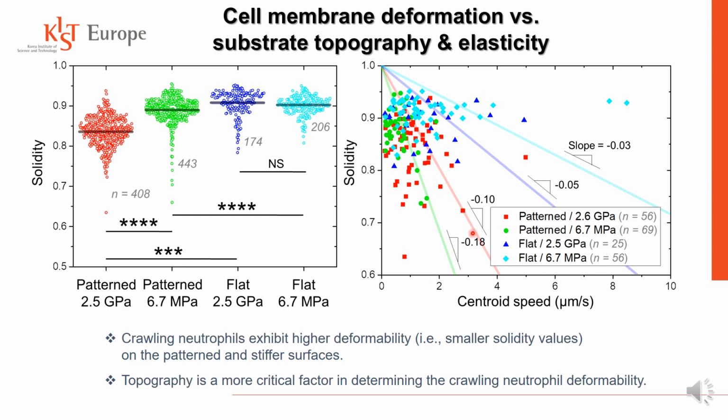Then, if we plot the solidity values against centroid speed, we find again negative correlations between both variables, showing that the degree of correlation is higher in the same order as the previous case of 2D circularity. This implies that the topography, again, is a more critical factor in determining the crawling neutrophil deformability, and probably cell shape isotropy and membrane deformability could be related to each other.